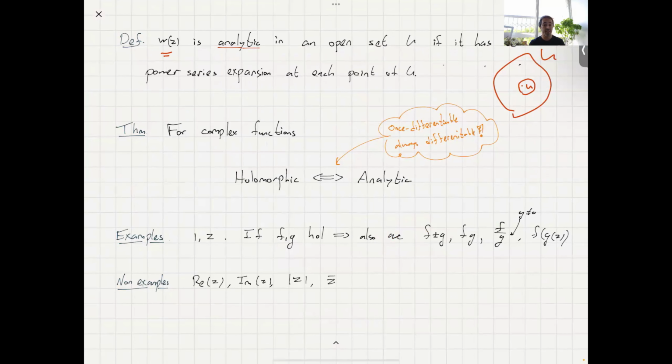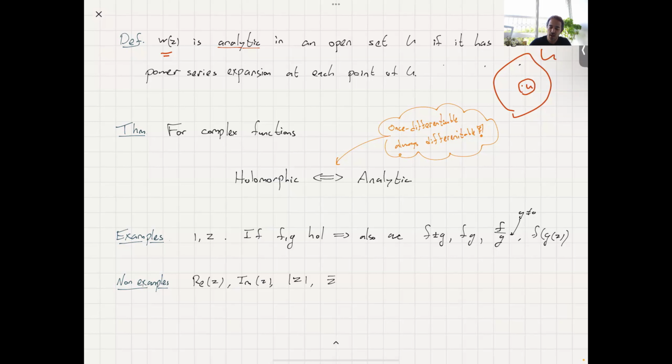But what is an analytic function? Say our function W is a complex valued function, but it's defined on some open set, like for holomorphic functions. Such a function W is said to be analytic at U, or analytic where it's defined, if it has a power series expansion at each point of capital U. And this is why you need the openness.